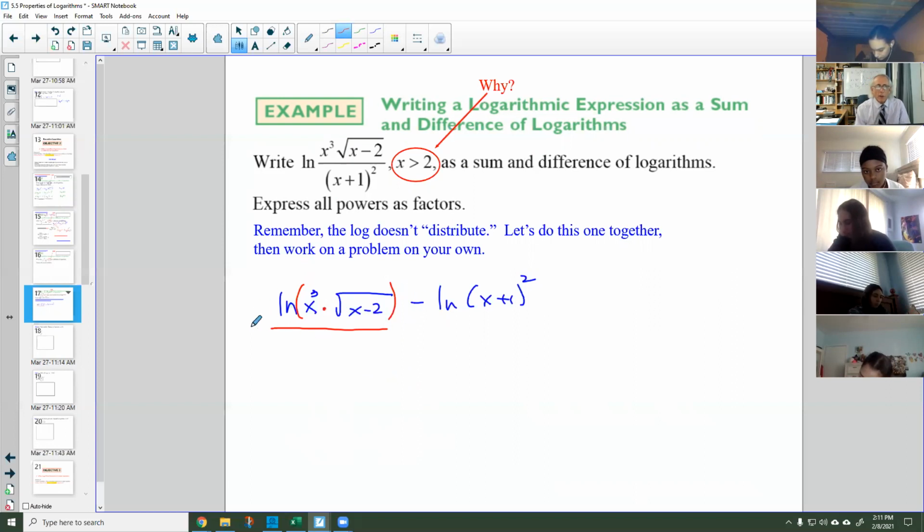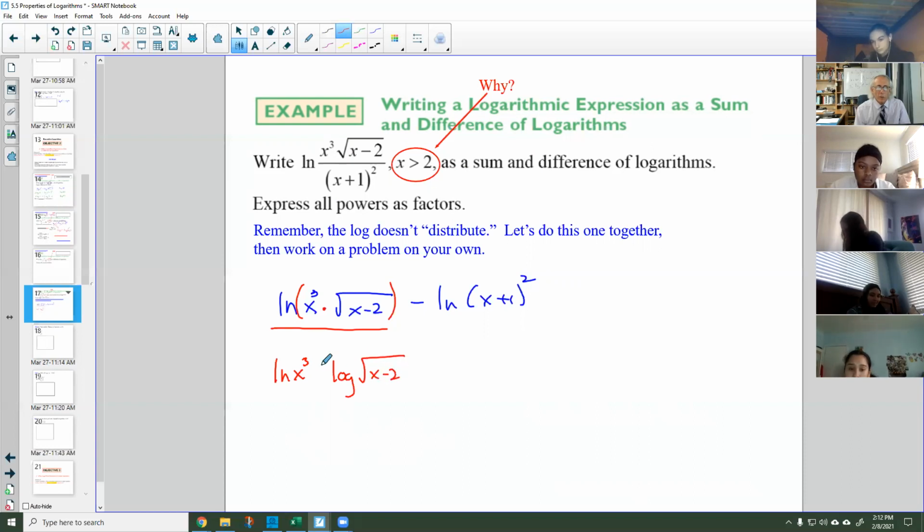Okay, so what is this going to look like if I expand it using the product property? It's going to look like log x to the 3rd, and then log square root of x minus 2.